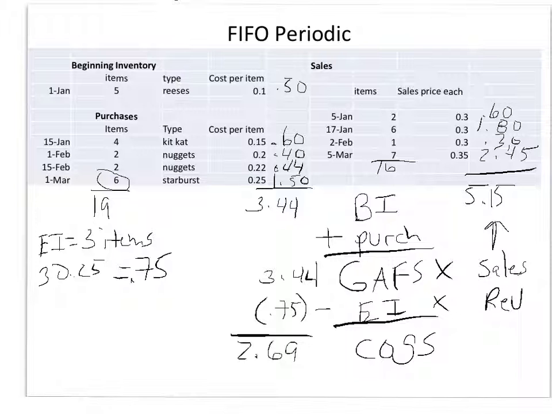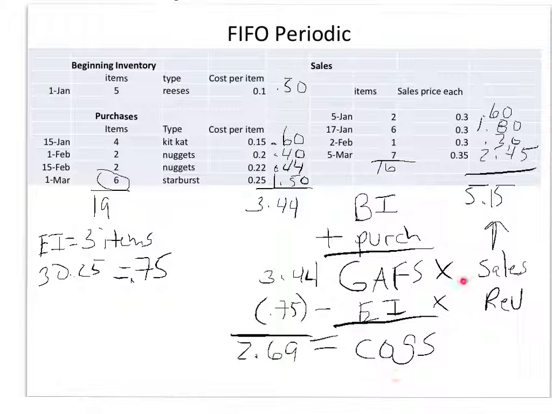I'll do the gross profit and tax expense and those things at the very end when I do the comparison slide. Okay, but this gives you cost of goods sold. It gives you the value of your ending inventory right here, 75 cents.